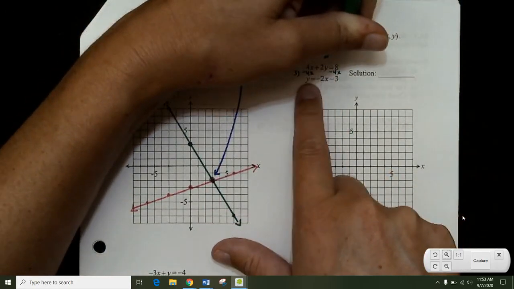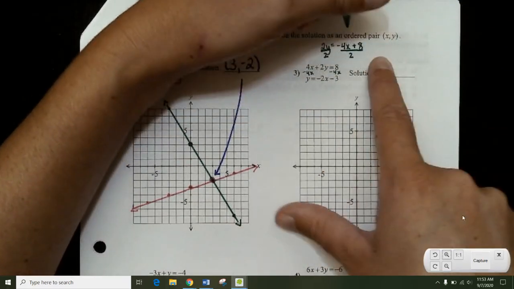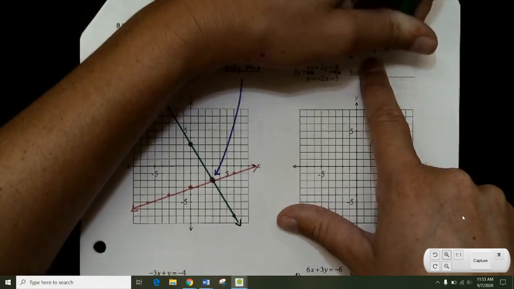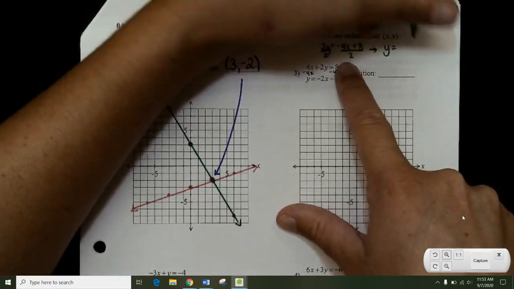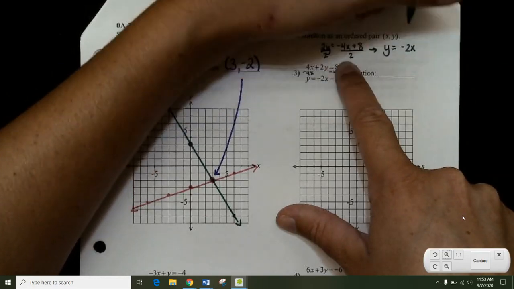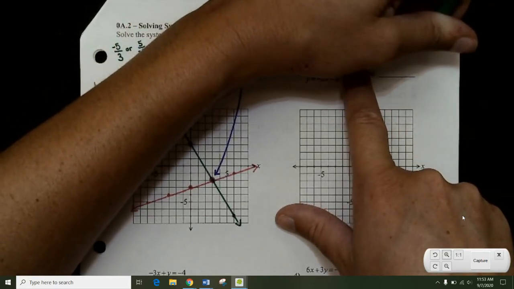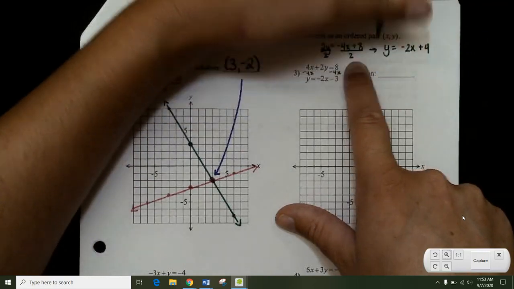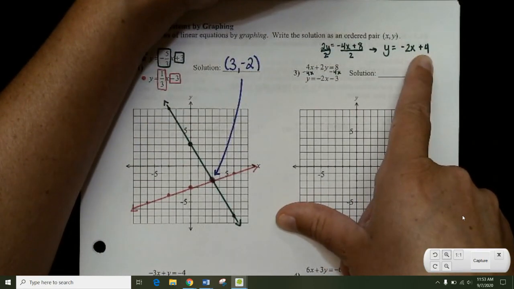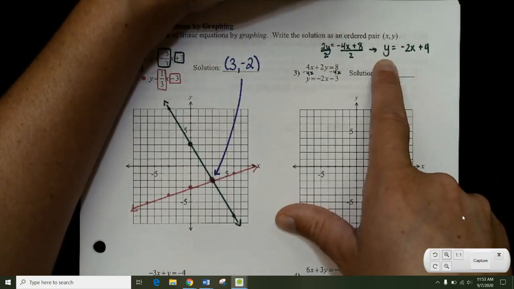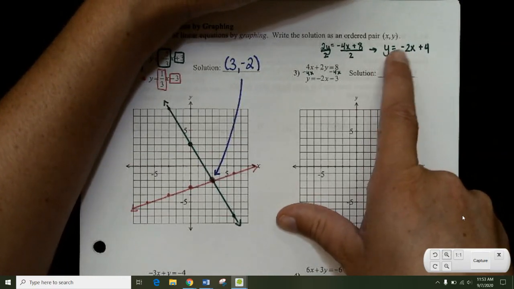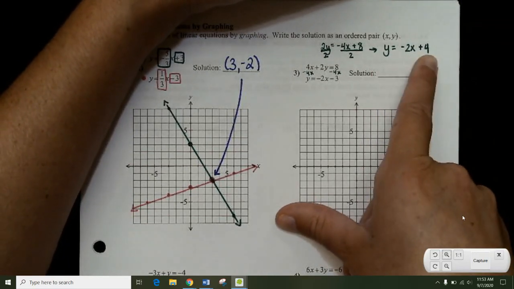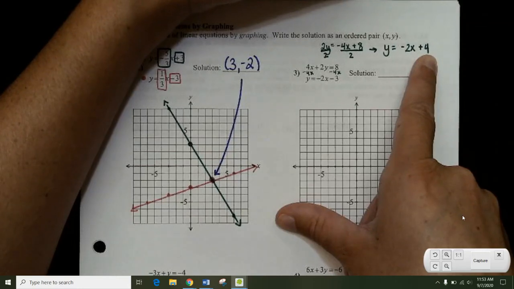So I'm going to divide by 2 to get rid of it. So now I've got y equals negative 4 over 2 is negative 2, and then 8 over 2 is 4. So here is my new equation. Now this is in y equals mx plus b because I've isolated the y. I have the x value first and then the constant next.